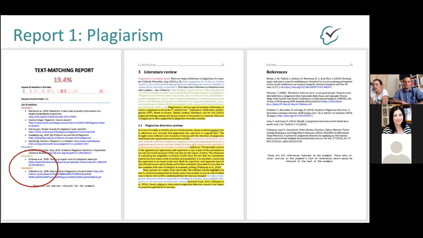Then all the parts after this green part were also not without plagiarism, because this whole 3.1 paragraph is just paraphrase plagiarism from the orange source. Again, the orange source is Foltýnek 2020, but it's another document. It's not mentioned here in the list of the sources.